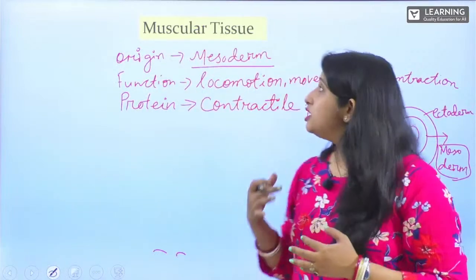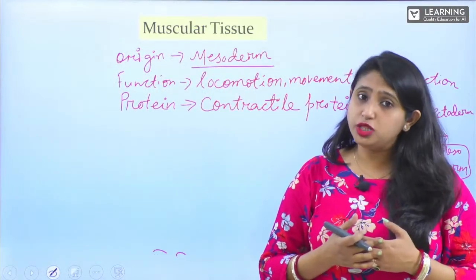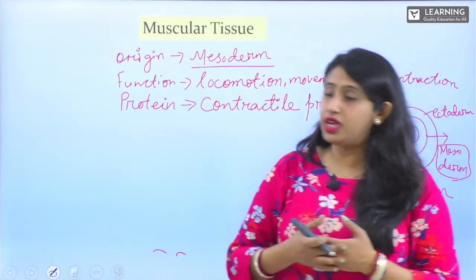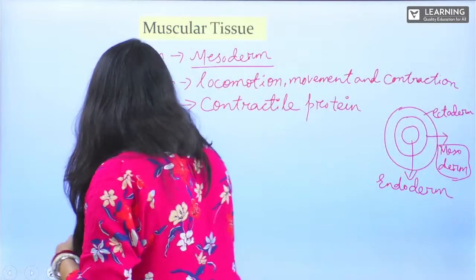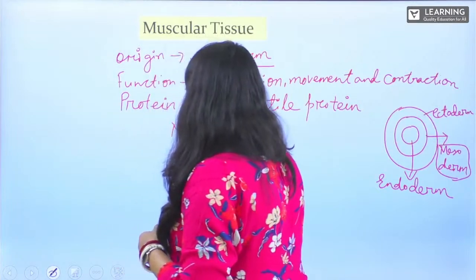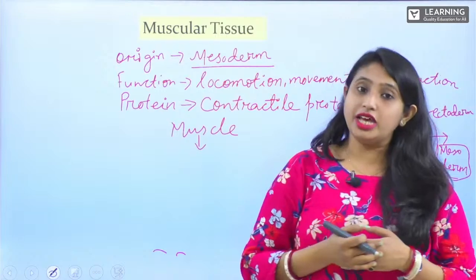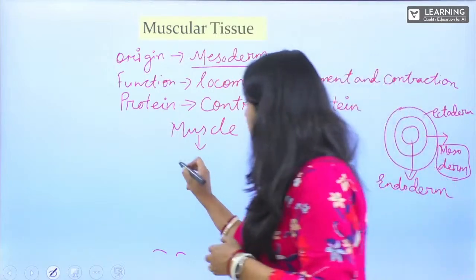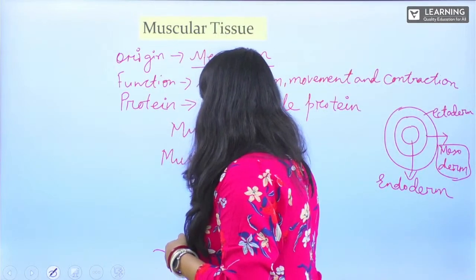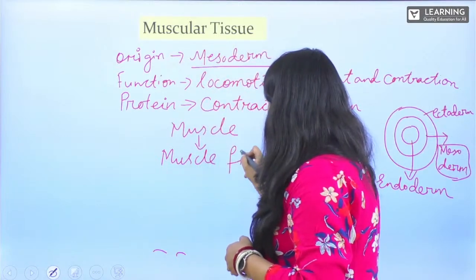So what is this muscle tissue? This muscle tissue is made up of muscle cells. These muscle cells have muscle fibers.